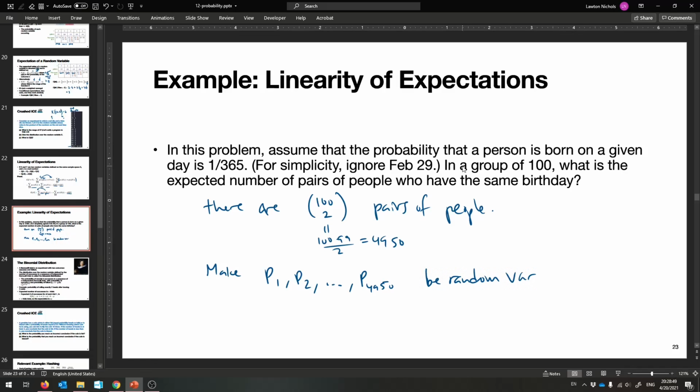And to be a random variable, you just have to have a number as your output. Let's have each of these random variables be 0 if the pair represented, like this is the first pair of people, the second pair of people, just order them randomly, if the pair does not share a birthday, and 1 if they do.